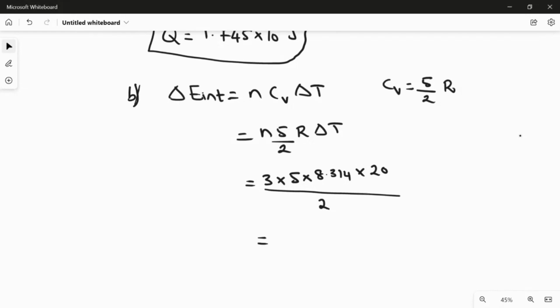I got the answer here as 1.247 times 10 to the power 3 joules. So this is the answer for the B part.